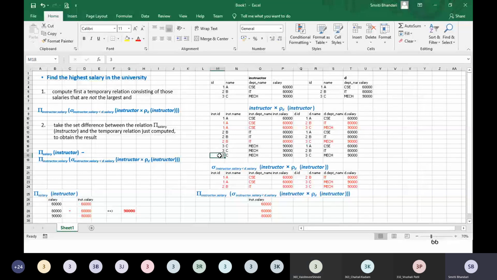This one. This tuple. Yes. What is our condition? Instructor dot salary should be less than D dot salary. That is our predicate. Here both are 90,000. So whether 90,000 is less than 90,000? No, they are the same, equal. Yes, ma'am. So this tuple will not be included in our result.